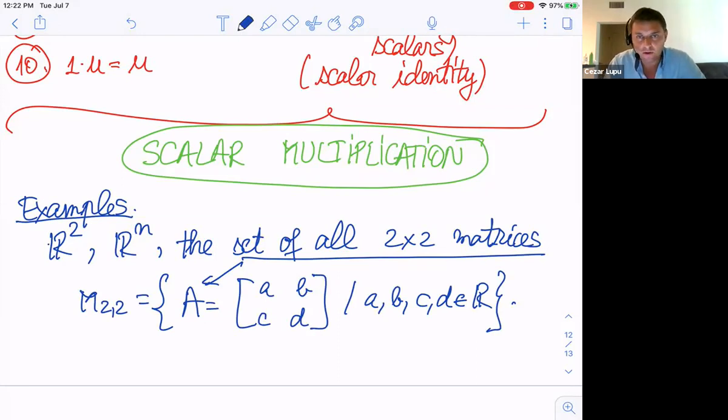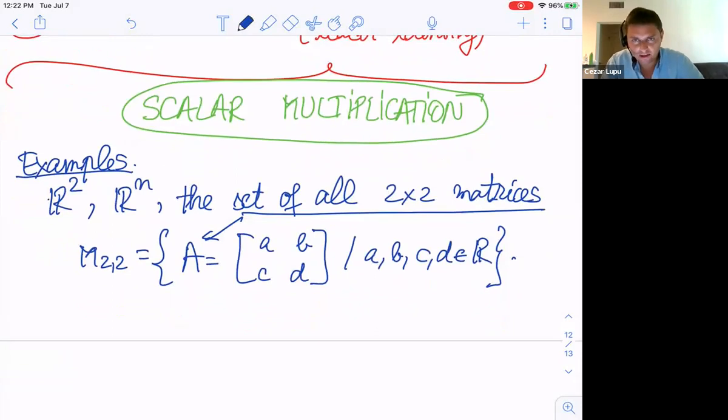So I can also consider non-square matrices. There are also examples related to calculus. Probably you have taken calculus, I assume. The set of C infinity functions, the set of real valued continuous functions, again is a vector space. The set of polynomials is a vector space, and so on.